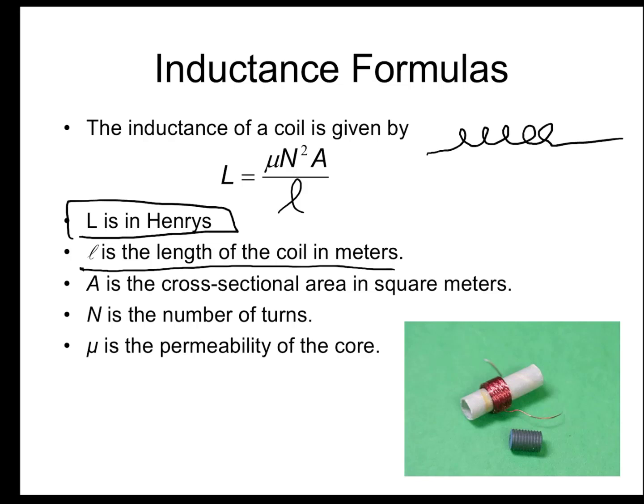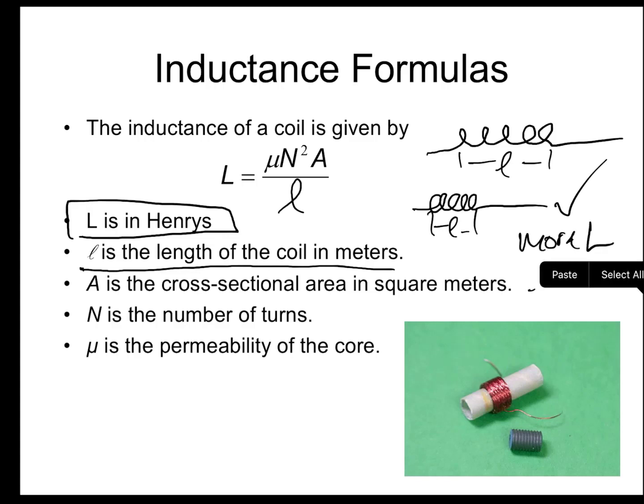What it is, if I look at 5 turns of a coil, this is what's called the length of that coil. It's the length of the actual coil of wire. Whereas if I look at one with 5 turns that's wrapped like that, the length is much less, right? So with the length being much less in this example, this is going to have more L value.